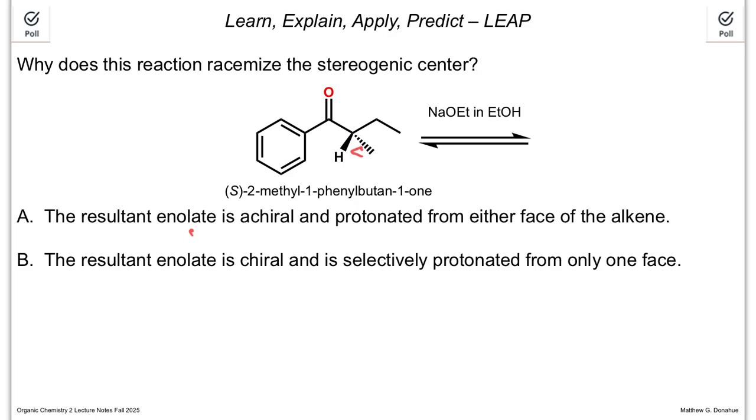There's nothing that's going to discriminate the face of that alkene to select out protonation one way or the other, so you get both equally. And really the key thing is that the enolate there is achiral.